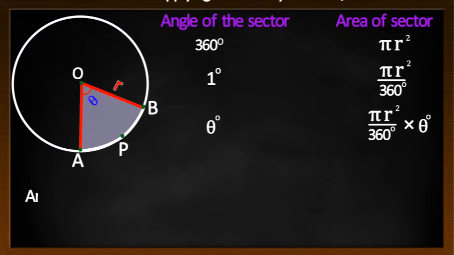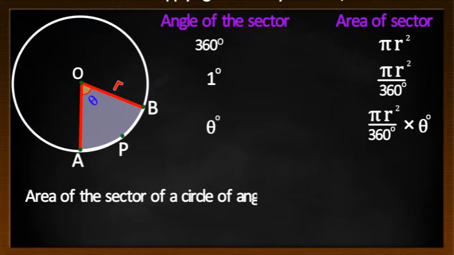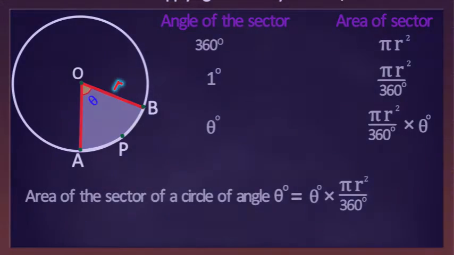So, the area of the sector of a circle of angle theta is equal to theta by 360 into pi r square, where r is the radius of the circle and theta the angle of the sector in degrees.